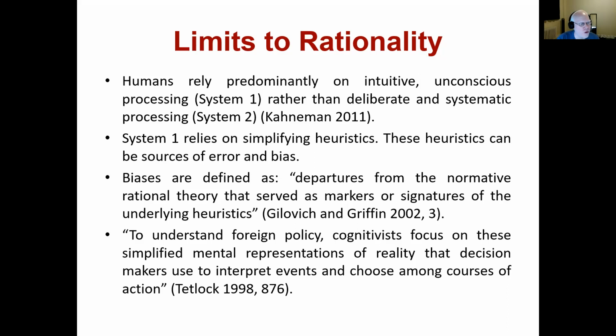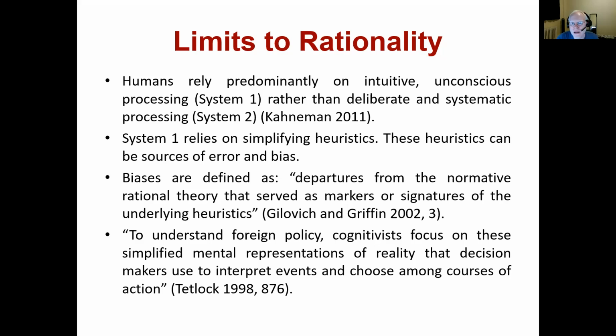The problem is there's certain times where they can be sources of error, and they can produce biases in decision making. Biases are defined as departures from the normative rational theory that serve as markers or signatures of the underlying heuristic. So bias occurs if you systematically, in certain circumstances, make decisions that are different from what would be the rational decision.